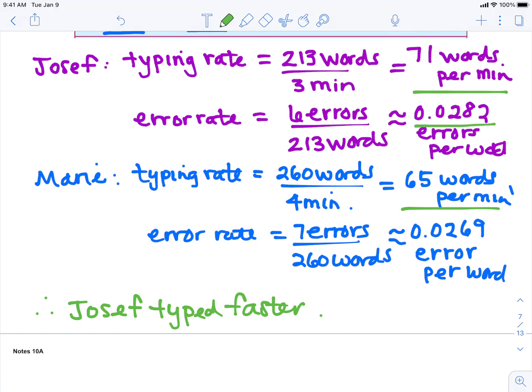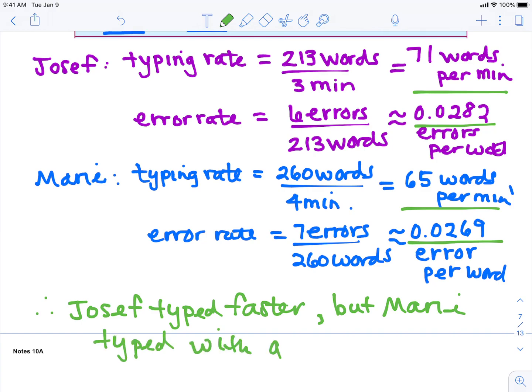Joseph was at 0.028, where Marie had a smaller error rate, fewer mistakes. So Marie typed with greater accuracy.